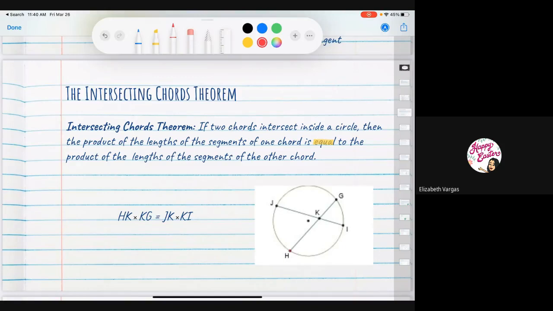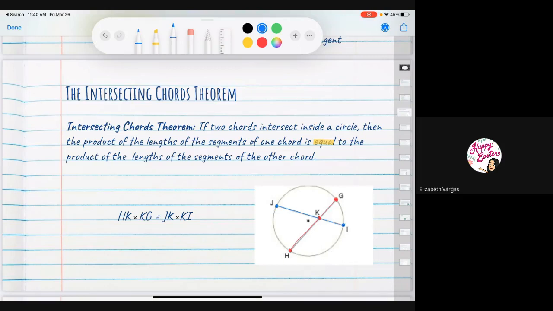So let's look at this chord right here. What this is saying is that if you take the length of HK and the length of KG and multiply them together, that should be equal to the length of J to K multiplied by K to I. And we'll see an example of this.